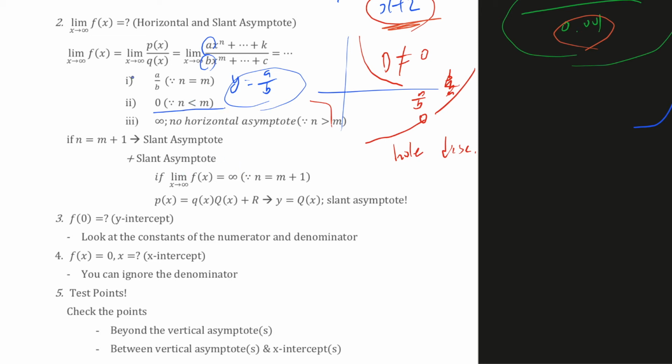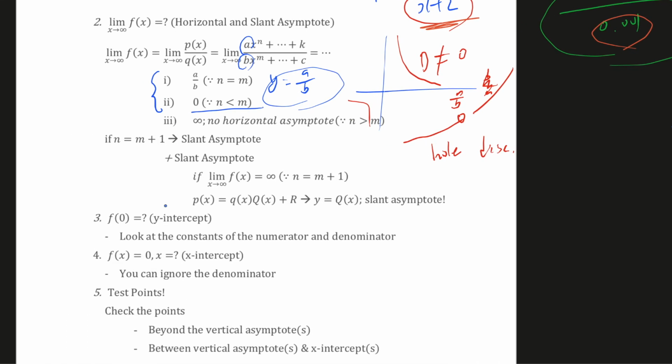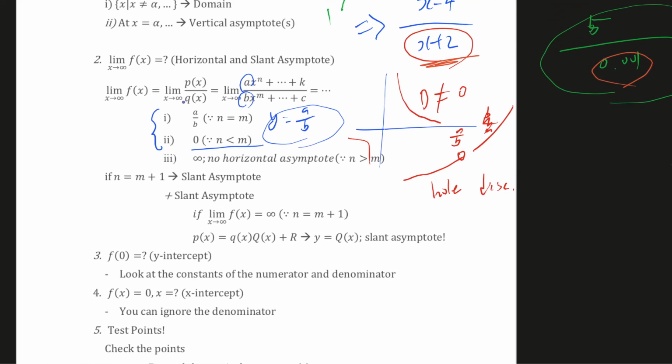And let's have a look. Let's sum up the first 2 cases, because they have a similar explanation. When they have the same order, the horizontal asymptote has a meaning that when x is approaching infinity or getting extremely large, or when getting extremely small.